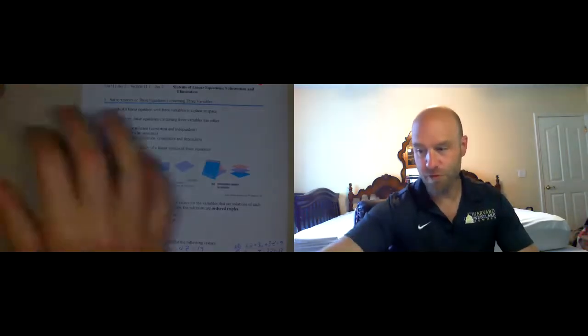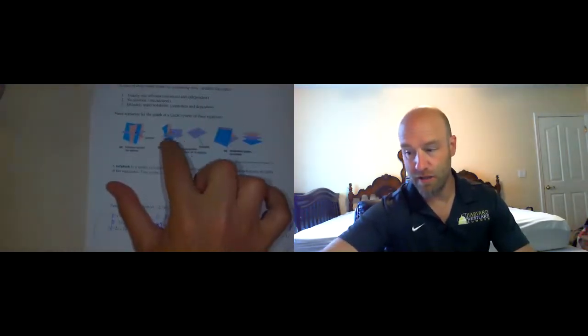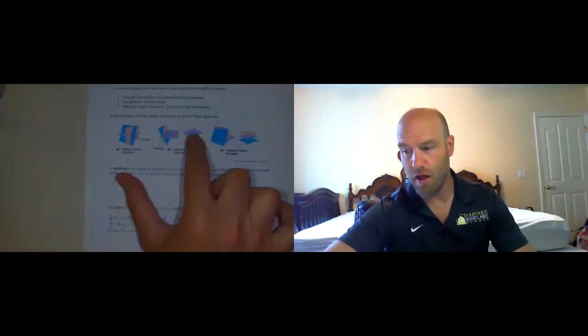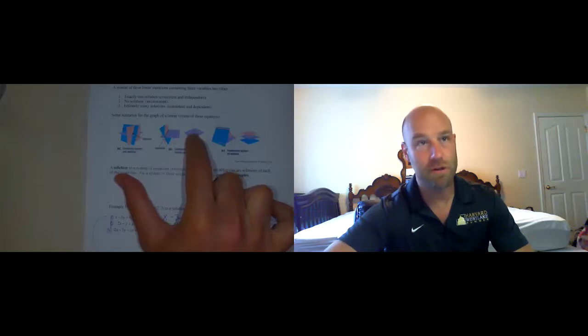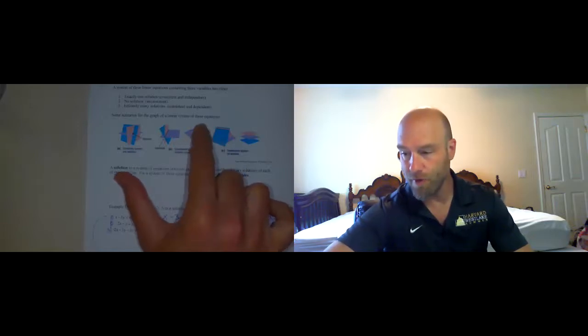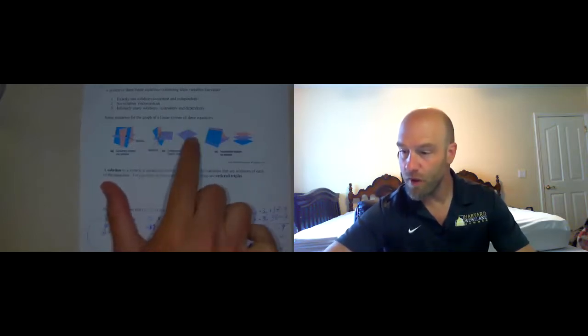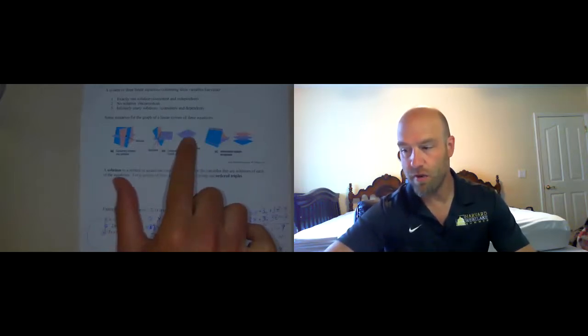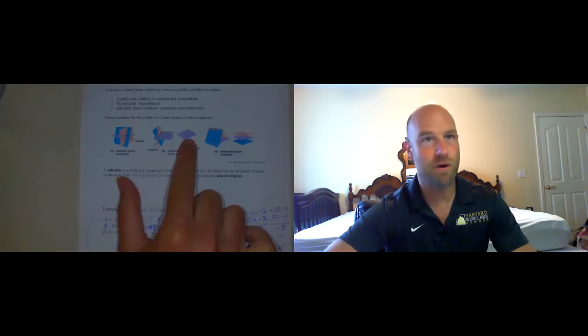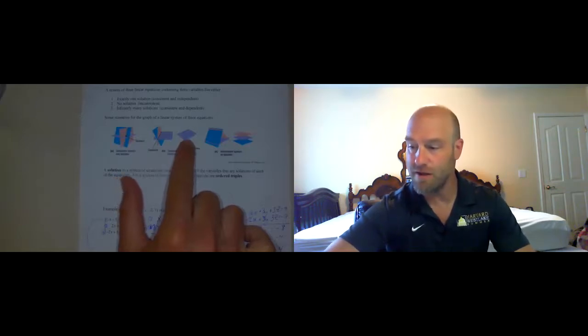Now, you could have 3 planes which intersect in a line, and that happens. 3 planes which are completely on top of one another, an infinite number of solutions. This one, just like yesterday when we had 2 coinciding lines, we would say are completely dependent.